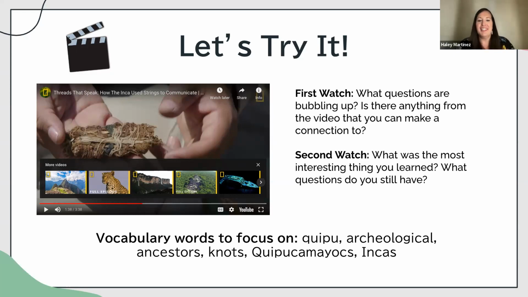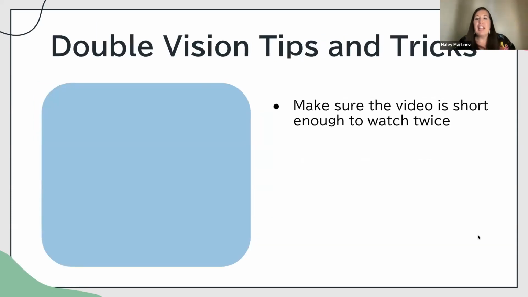Good question. Good job. Great questions. Awesome. Okay, so I think you'll have a good idea of how this works. It's awesome to hear that someone had a little bit of schema about quipus beforehand.